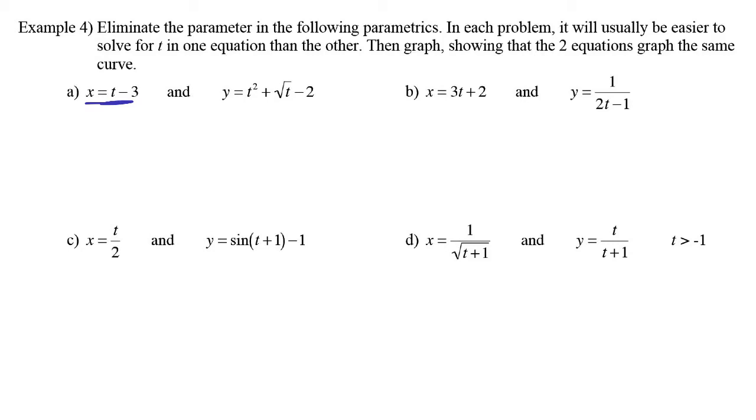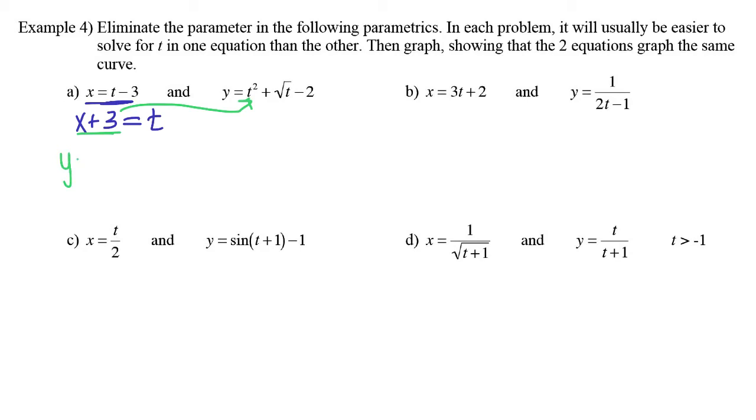And so if I add 3 to both sides, notice I have x plus 3 is equal to t. My next step is to take what I just solved for here, that t value, and sub in over here everywhere I see a t. I'm going to replace it with x plus 3.